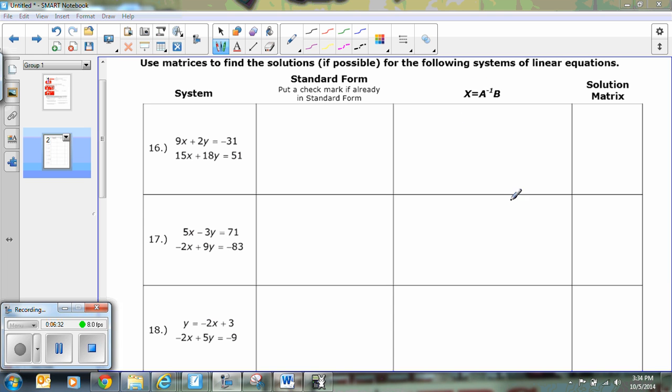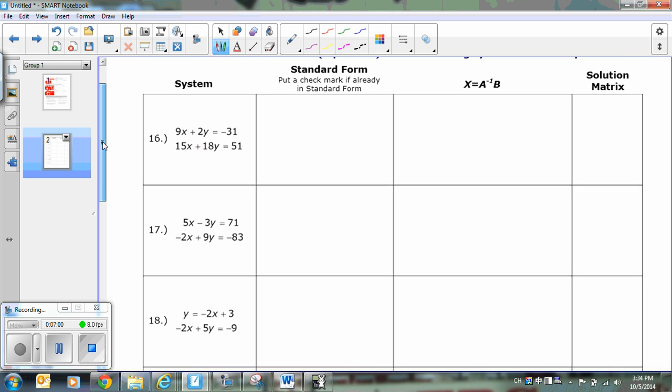So if in this step you get an error message, go back, take a look at your linear equations, analyze their slopes and y-intercepts like we have before, and then from that information you can write over here in the solution area, write either there's no solution or there's infinitely many solutions, depending on what you found out when you analyzed their slopes and y-intercepts. All right, well, that's not going to happen with number 18, so let's take a look at number 18.